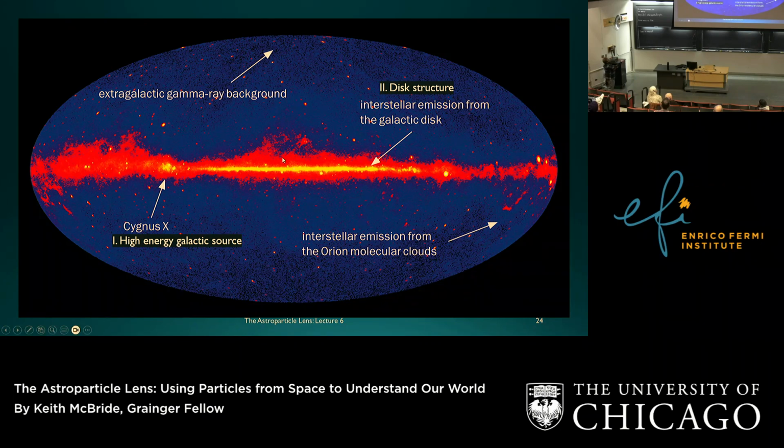And this disk structure, this is a glow in gamma rays because there's a bunch of cosmic rays interacting, right, through that propagation, that messy random walk, the way my dad drives kind of thing, through the Milky Way, right? And then last, what you notice about the gamma ray sky that I do want to highlight and point out now is there's a bunch of gamma ray sources above and below the Milky Way. And those are actually extragalactic sources that I'll talk about in the very last lecture of this series.